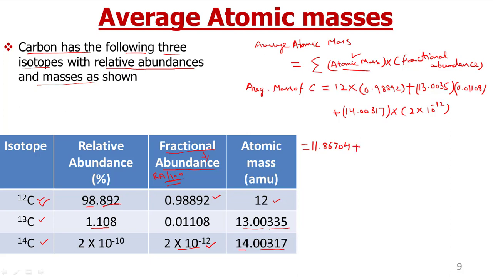Plus, let us see the next, it is 13.00335 into 0.01108, and it comes out to be 0.14408. Eventually the third number is very small, because it has a factor of 10 raised to power minus 12, so we can neglect it.